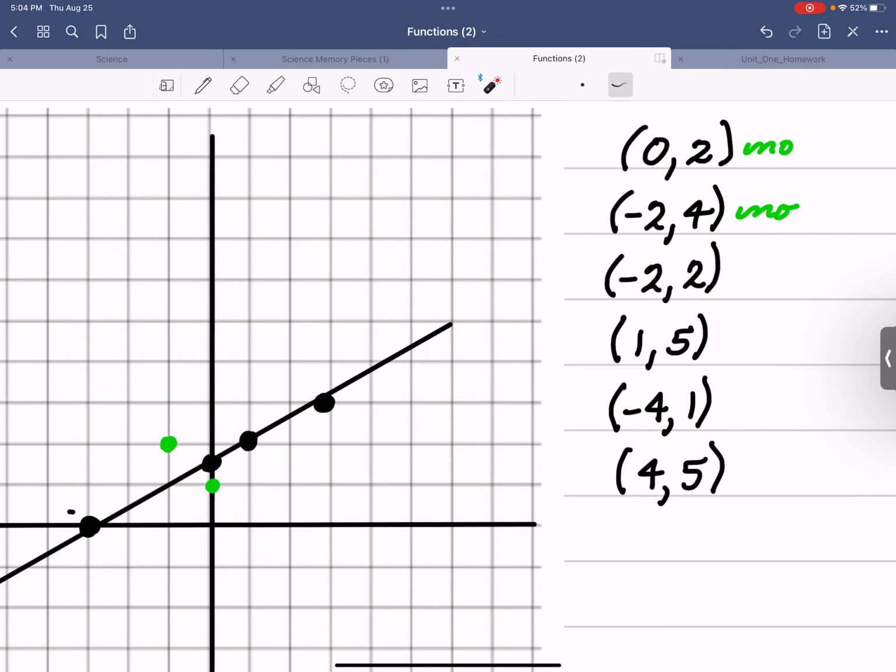Each box counts for 2, so -2, +2. Yes, that point is on the line. 1, so over 1, up 5. Over 1, 2, 4, 5. That's a no.